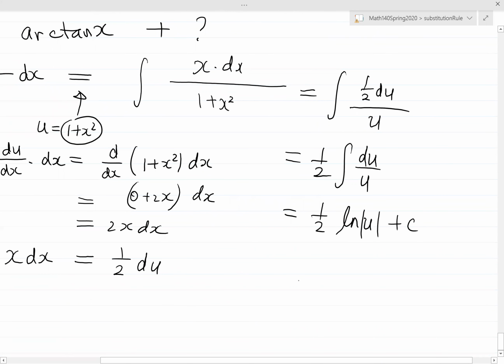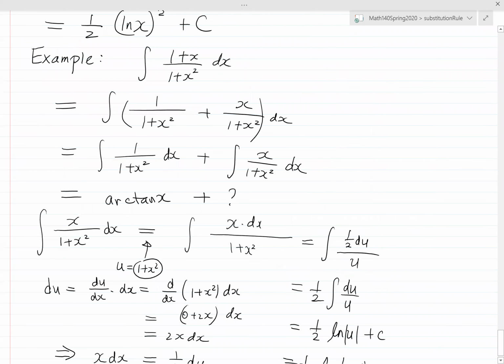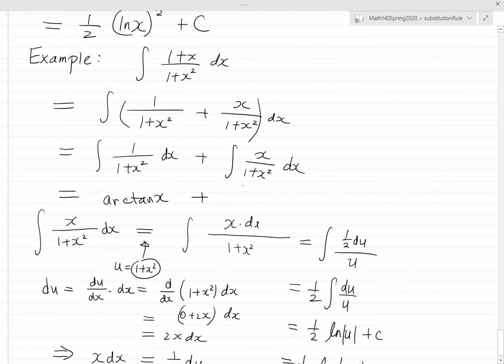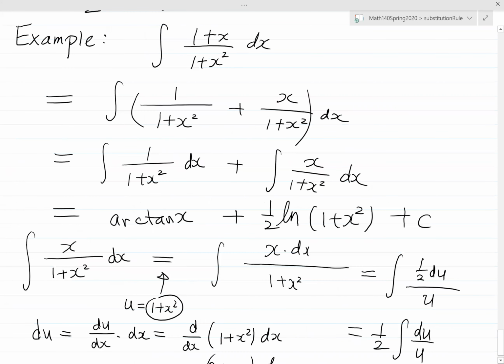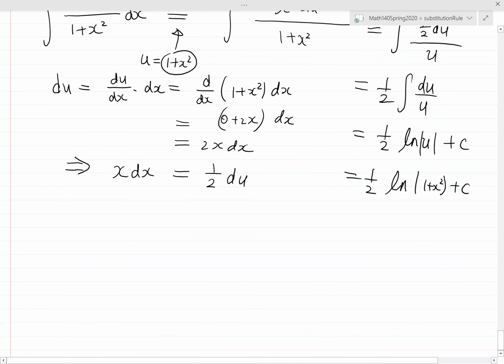The last step is to return to the original variable, so this part is 1/2 ln of 1 plus x squared plus constant c. Then we're done for this problem. More examples.